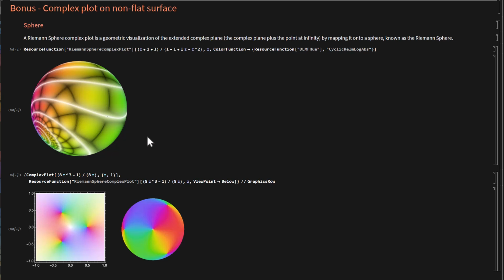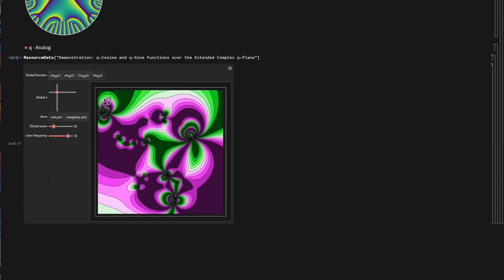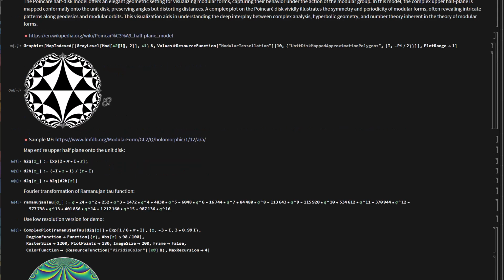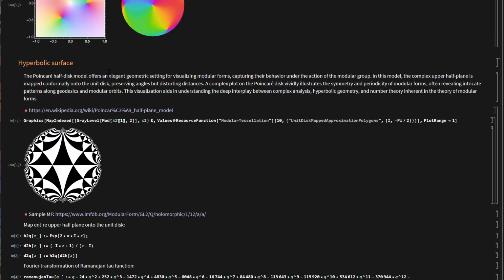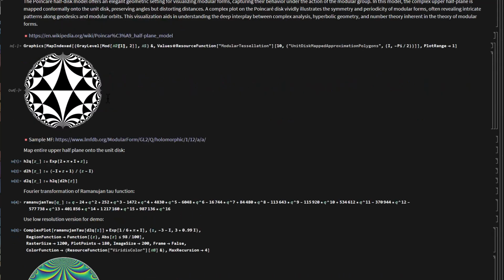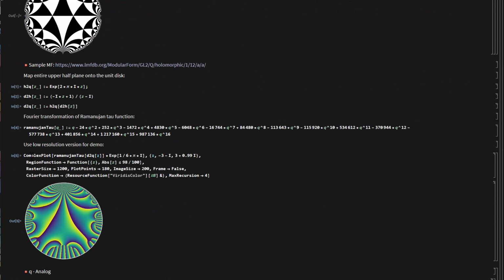The last part is the selective bonus section. If kids still have energy to follow the lectures and need something more, you can have the Riemann sphere complex plot, and some nice visualizations that can be used on the upper half complex plane, like hyperbolic space or modular forms, from the LMFDB, the L-functions and modular forms database website.